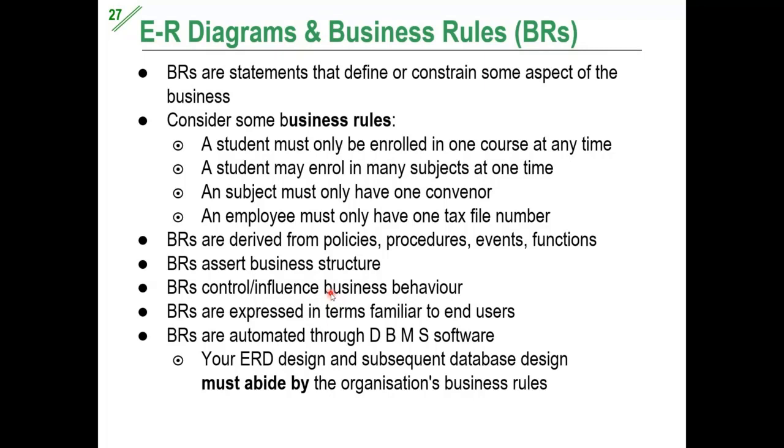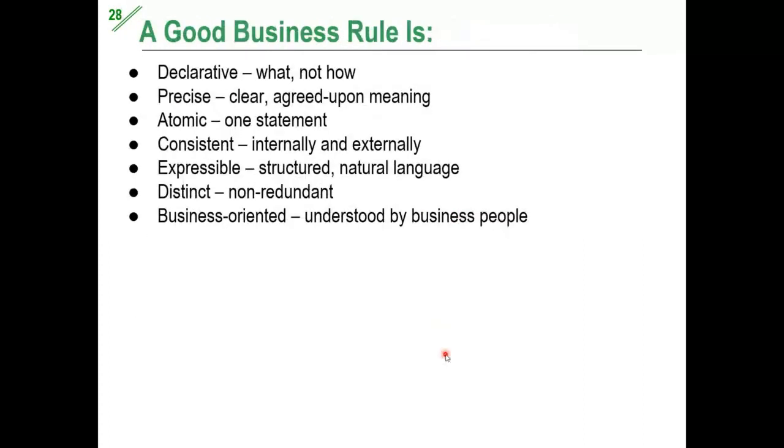So it is very important to capture business rules. In any database development activity, the one thing I would consider most important is capturing business rules, because otherwise you are implementing a different database which is totally irrelevant for the given context. We automate all these business rules using databases and database management system software. That is the ultimate objective.